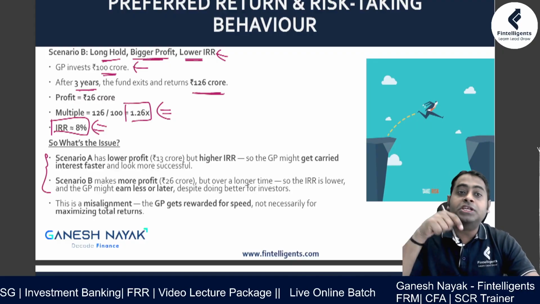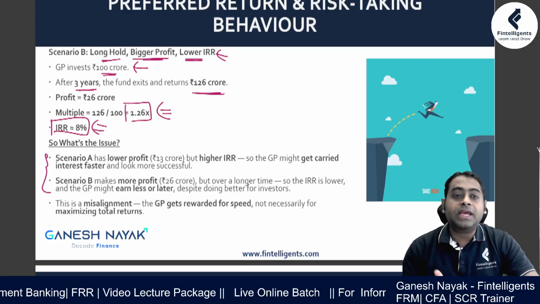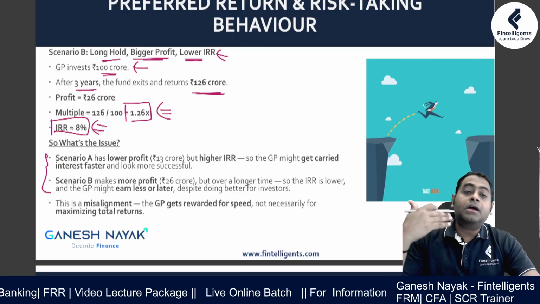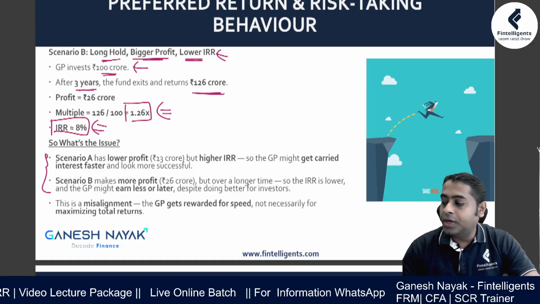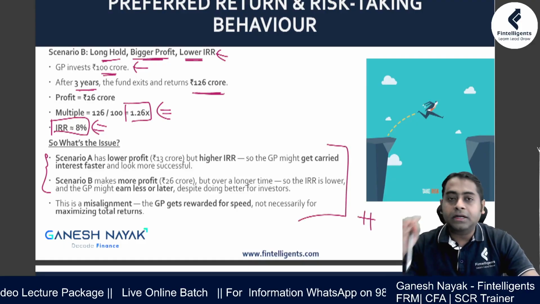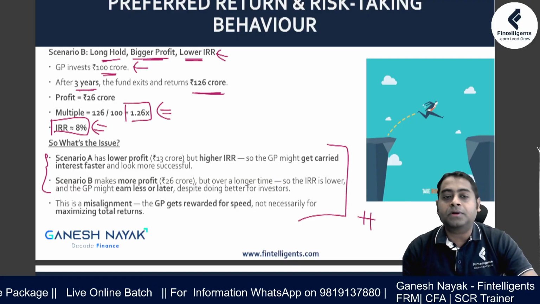Because then what will the GP think? Let me follow the first strategy: invest and exit quickly so that I can earn a high internal rate of return. So read this entire part, taking a pause. This example is very important to understand the concept of preferred return.